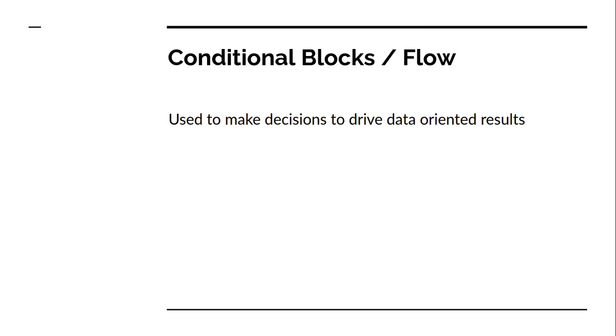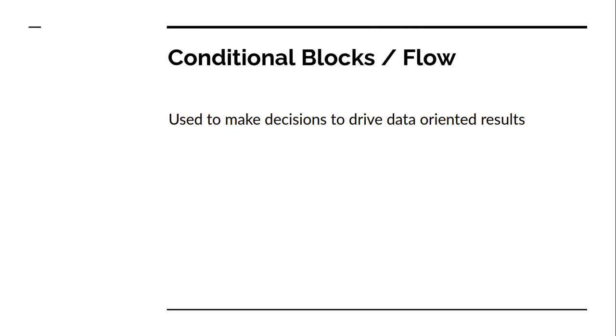This is all called conditional flow and conditional blocks in Ruby. To implement such real-world scenarios using computer programs, we use conditional blocks, which are also known as conditional flow.